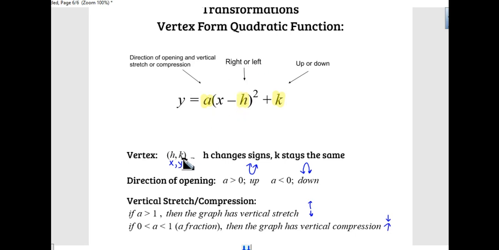So when I'm graphing the vertex point, it tells me if the graph is moving left or right. The k corresponds to the y, and the y-axis goes up and down. So again, as I'm graphing that point, I can tell you if this graph is moving up or down. So let's look at a problem and see how this works.